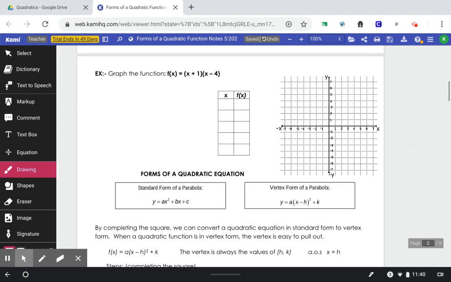Okay, so here's another example where it's already in factored form. So let's pull out the important pieces from this example. So first thing is, I can find my roots, again, by setting this equal to 0. So I'm going to set each factor equal to 0 and then solve them.